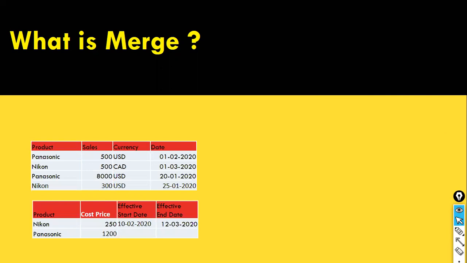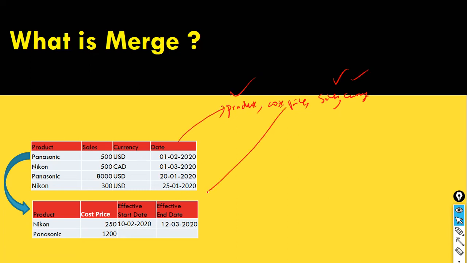For example, I have 2 different data sets, same as the previous example, but here it is slightly different. In my report, I want to display the product name, the cost price, sales, and probably currency. But the product, sales and currency are available here, while the cost price is available in another table.